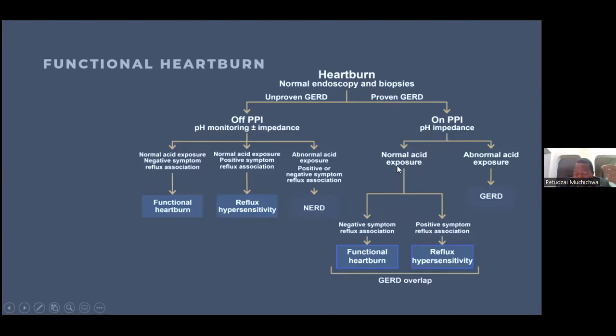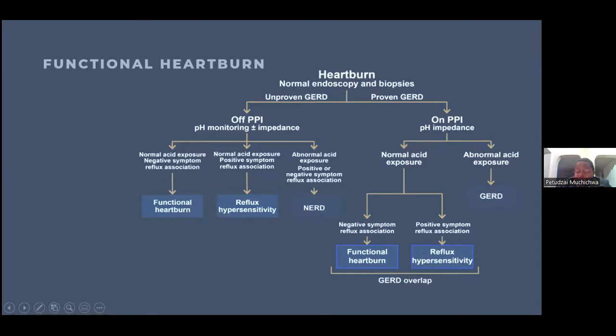but have more symptoms, on pH impedance they have normal acid exposure with symptoms. They're classified as functional heartburn with GERD overlap.